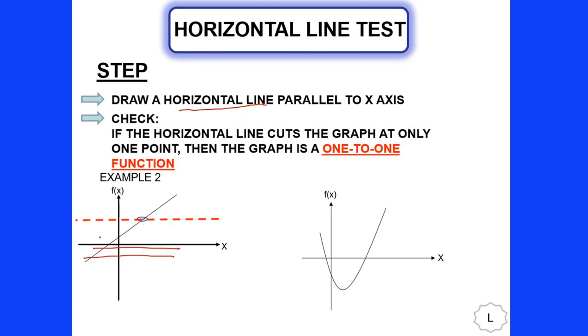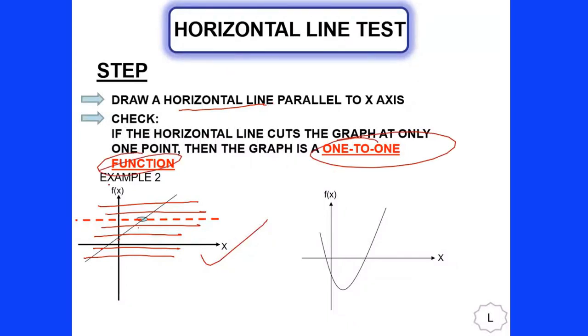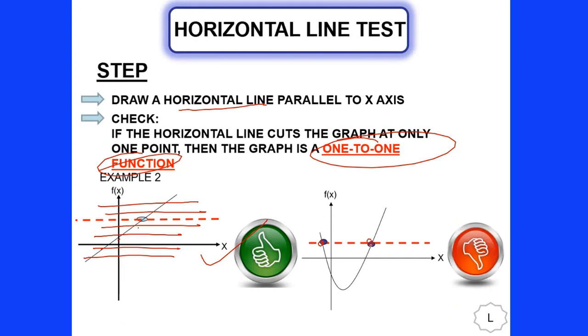Horizontal line test cuts at only 1 point, so this is a one-to-one function. And this one, the horizontal line test cuts at 2 points, so this is not a one-to-one function.